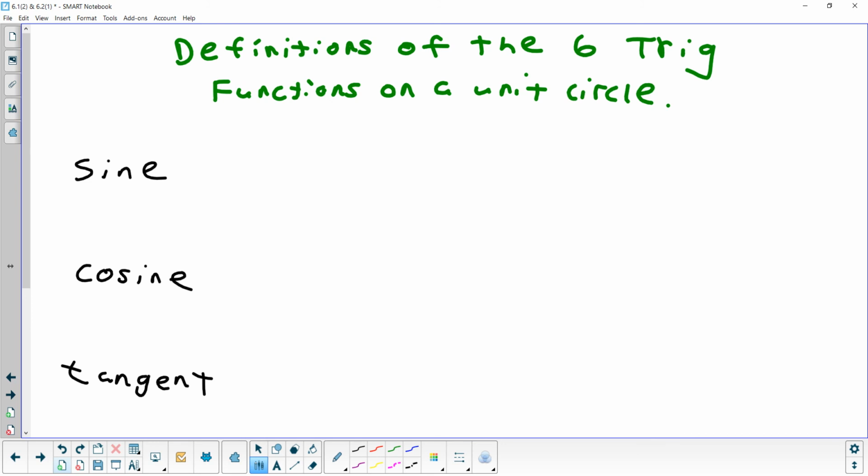Have we written these out yet? No. Okay, so we'll write these out. Their abbreviations I'll put below. Sine, we abbreviate SIN. Cosine is abbreviated COS. And tangent is abbreviated TAN.